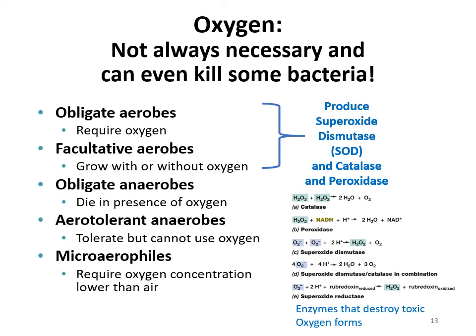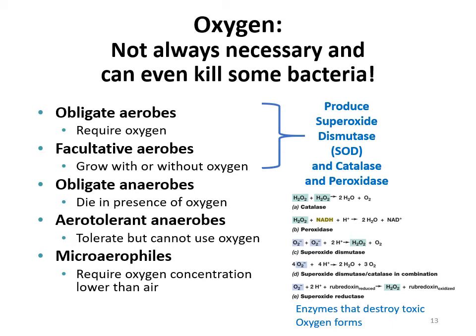A lot of times it also uses catalase and peroxidase. Now you don't have to memorize the chemical formulas or the biochemistry behind this. Simply know that the enzyme superoxide dismutase, or SOD, converts dangerous or toxic free radicals to safe oxygen.